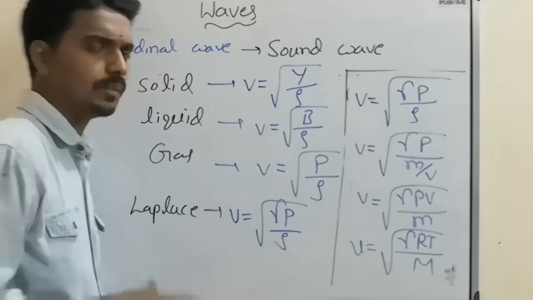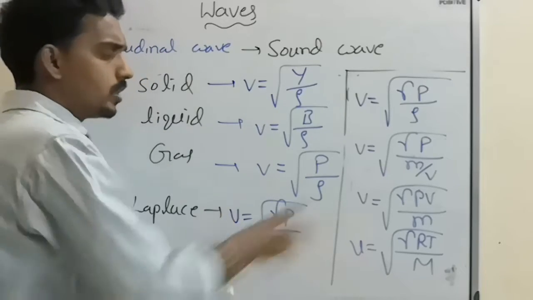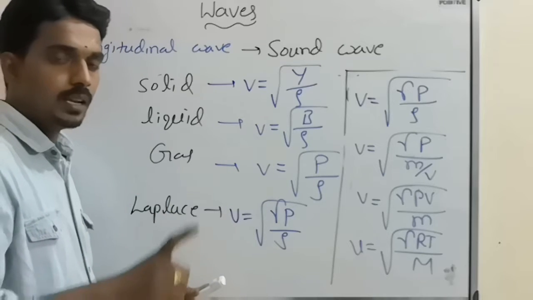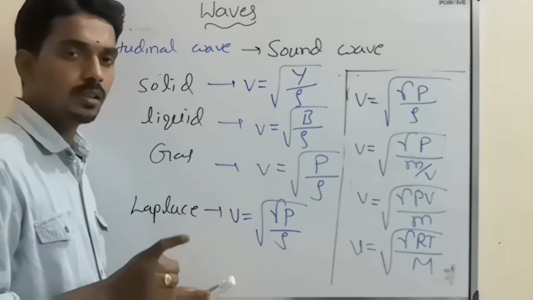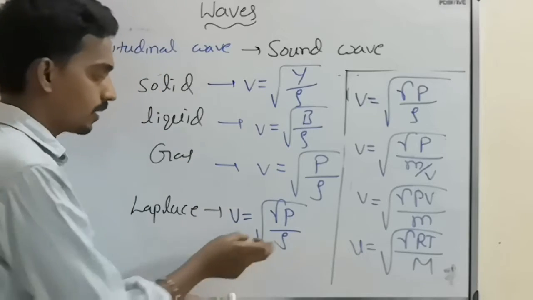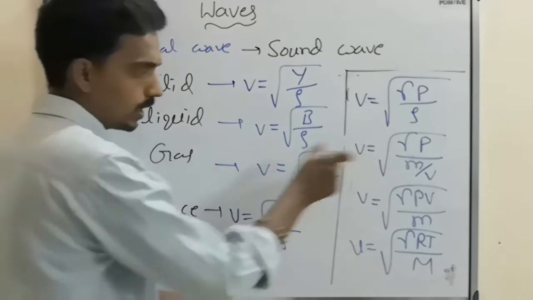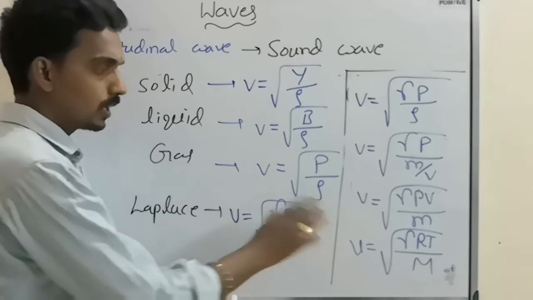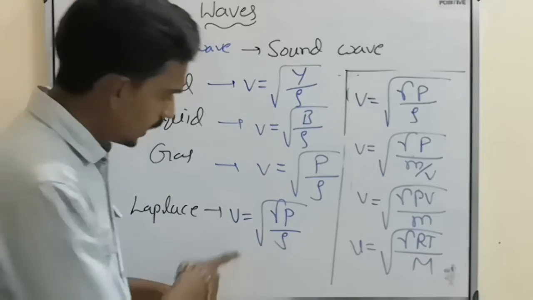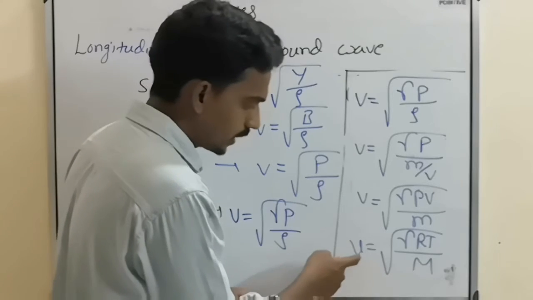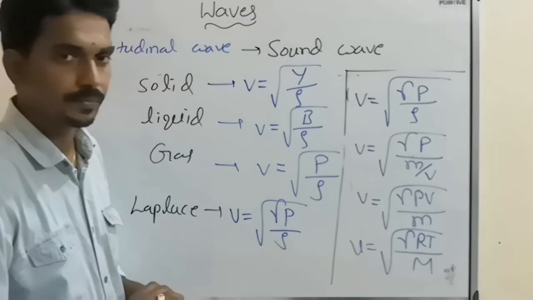So in the whole thing we discussed, the most important thing is the speed of longitudinal or sound wave in case of gas is this one. This only I converted into this form. But here one confusion will come. Here if you look, speed depends on pressure. Here if you look, speed depends on temperature.